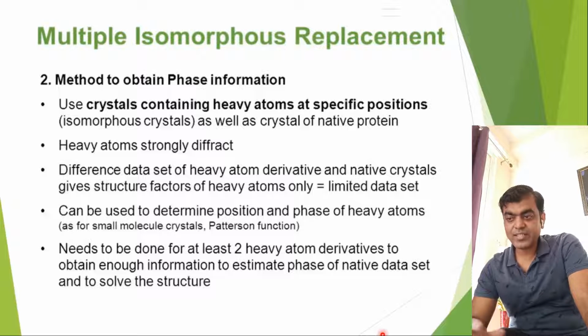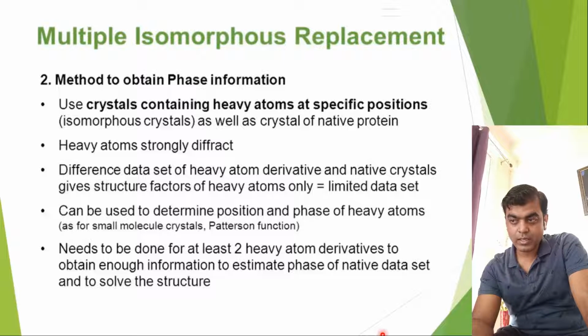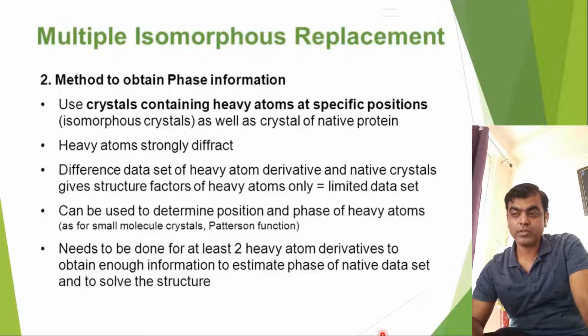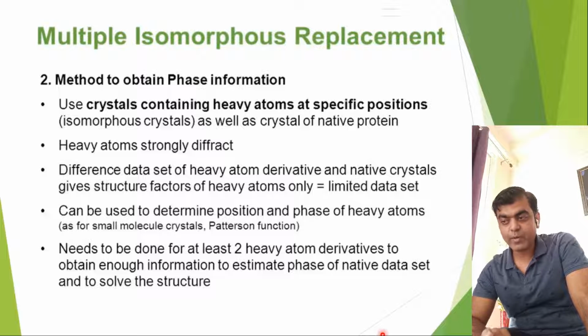The difference data set of heavy atom derived and native crystals gives structure factors of heavy atoms only, and is equal to the limited data set. Now I have the native, and I also have the heavy atom along with the native protein. If I remove the information of the native protein, I am left only with the information diffracted by the heavy atoms, isn't it?